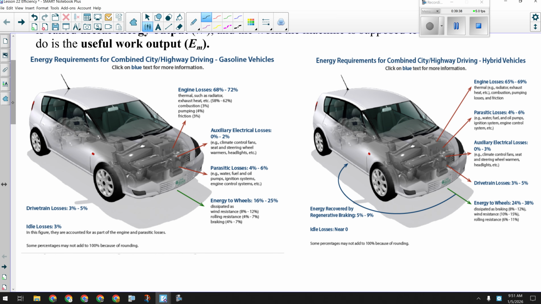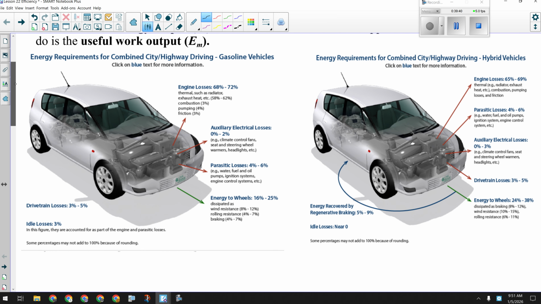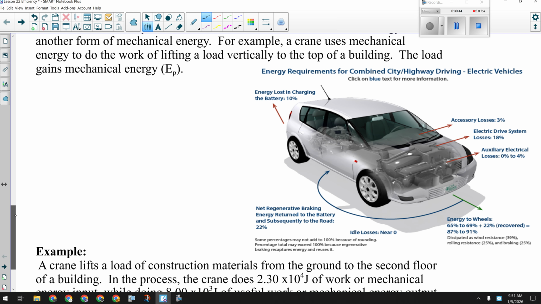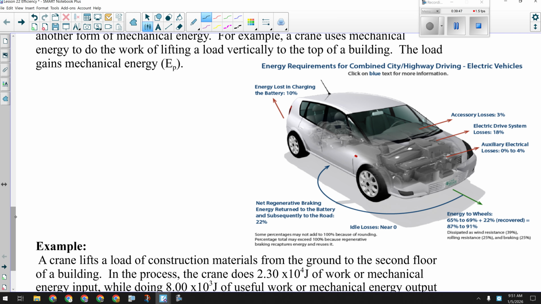Now, what happened to the electric? Okay, so the electric car, as a pure comparison here. An electric car is going to run 65 to 69% efficient. The internal combustion engine was 16 to 25.